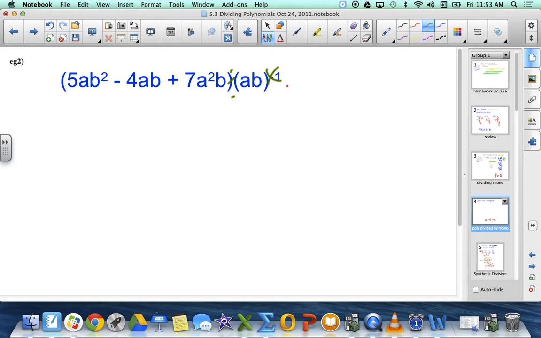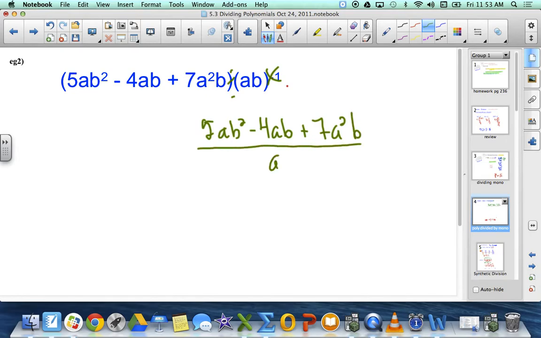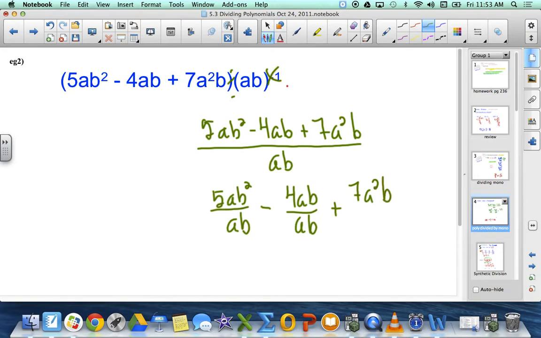So you could rewrite this as 5ab squared minus 4ab plus 7a squared b, all divided by ab. But that's the same as 5ab squared divided by ab minus 4ab divided by ab plus 7a squared b divided by ab.